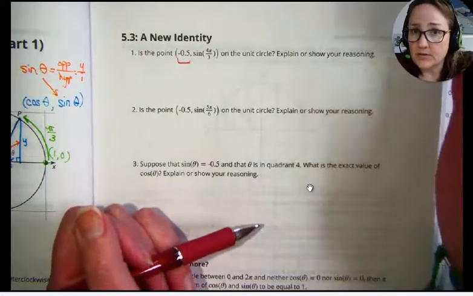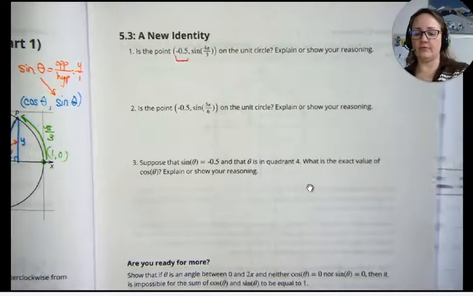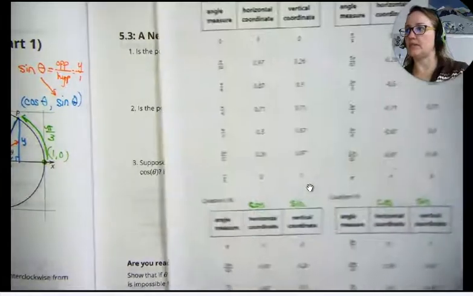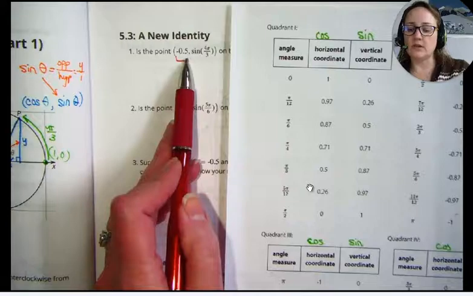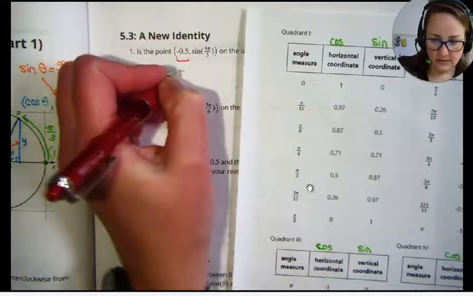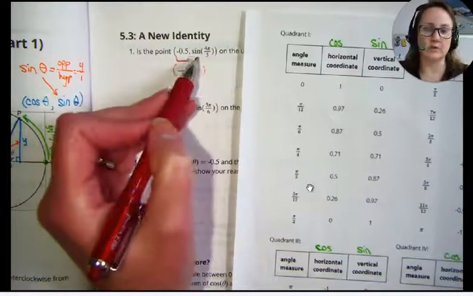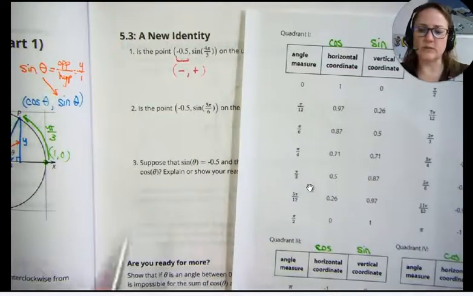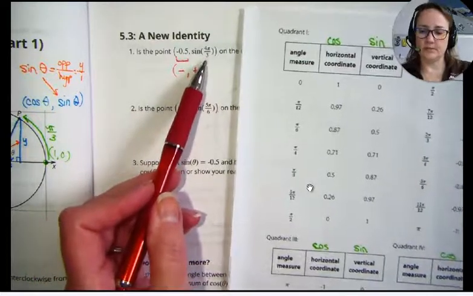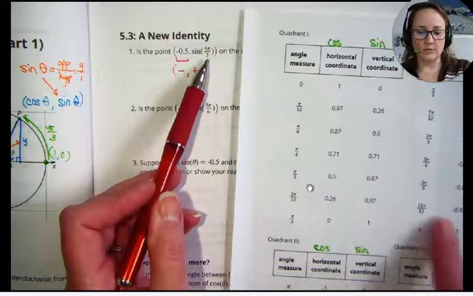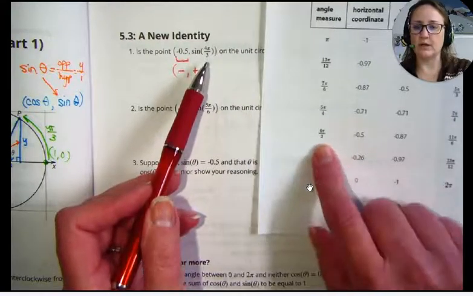One of the fast ways to go about this, again, if you have that printed off table of values, I have a negative x and what looks like a positive y. Actually, I don't even know if it's a positive y. 4 pi over 3, when I'm looking at my table of values, I find 4 pi over 3 in quadrant 3.